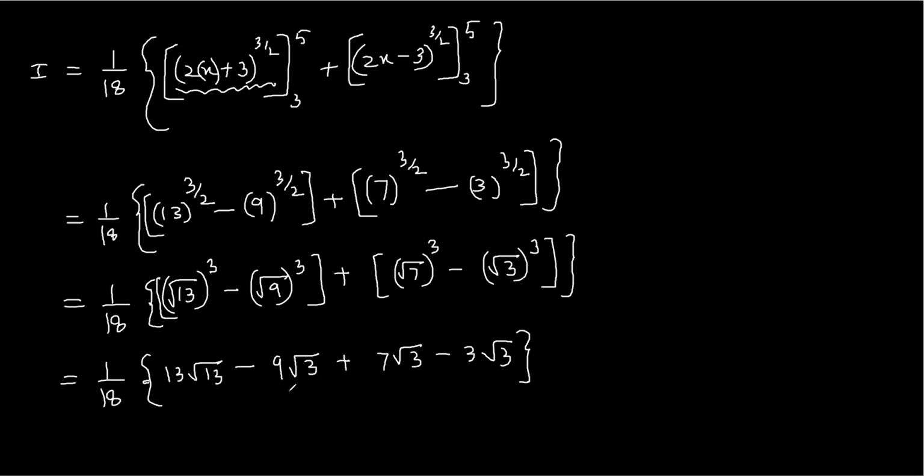So you get here 1 over 18, 13 root 13. This is not 3 here, it is 7. It is 7 here. So I get here 13 root 13 plus 7 root 7 minus 12 root 13. And this is the final answer.